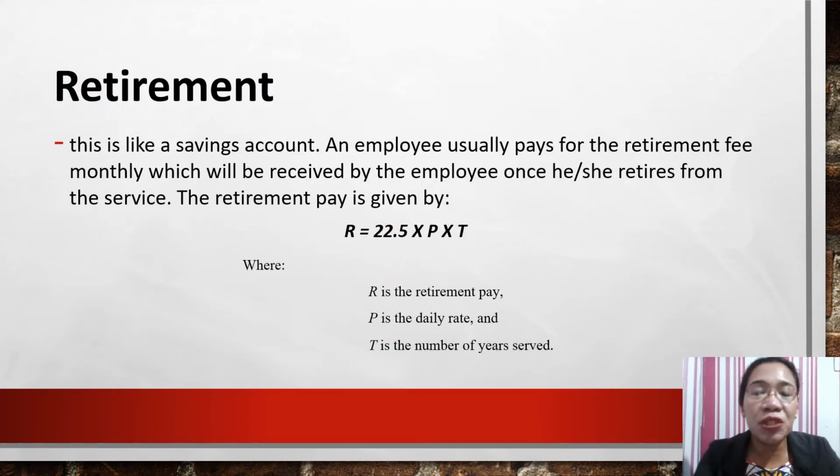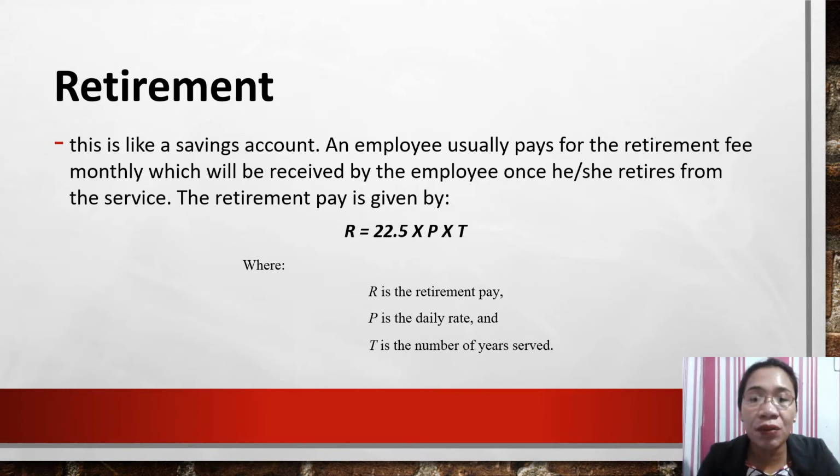When we say retirement, this is like a savings account. An employee usually pays for the retirement fee monthly, which will be received by the employee once he or she retires from the service. The retirement pay is given by R equals 22.5 times P times T, where R is the retirement pay, P is the daily rate, and T is the number of years served.